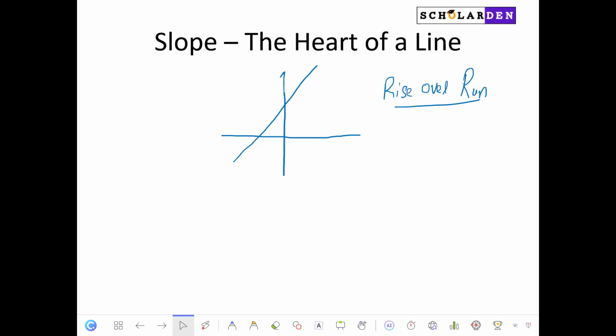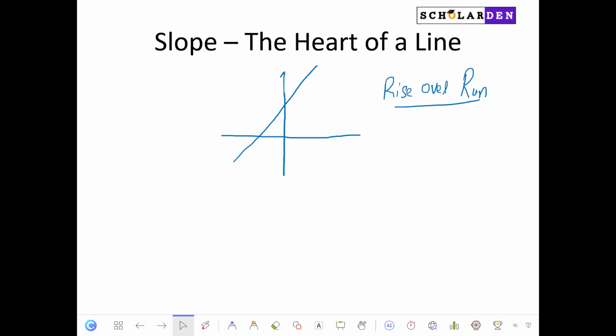Just don't mix rise and run. So it's not run to rise. Always make sure that the rise comes first and then the run. So let's stick with rise over run: how much the line rises over how much it has run.